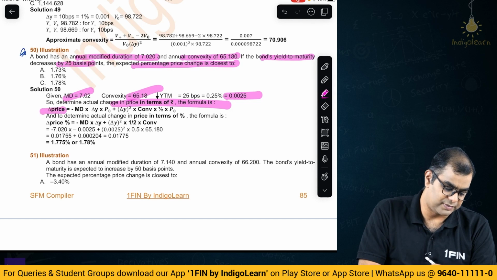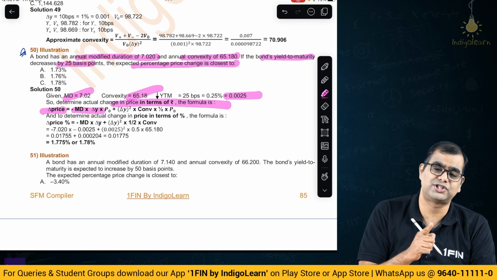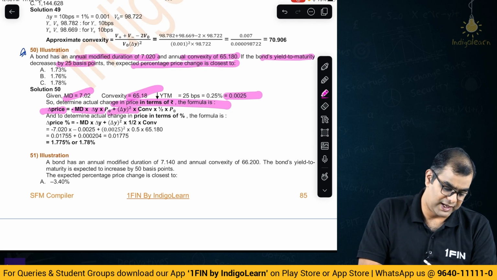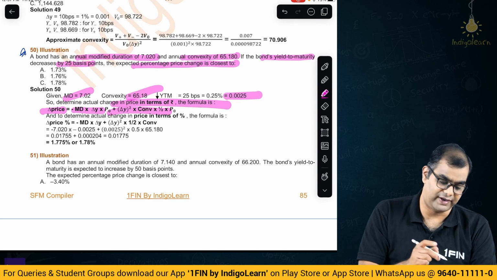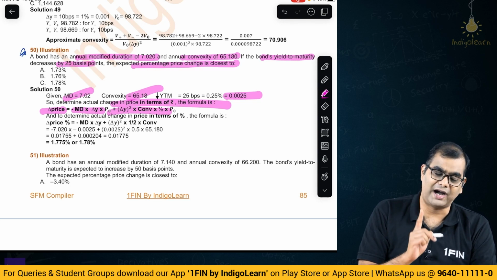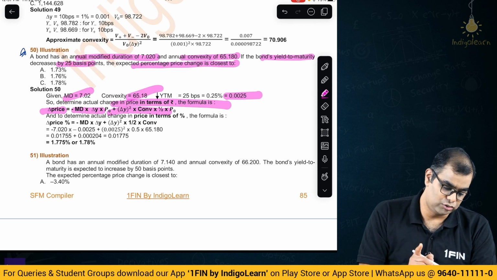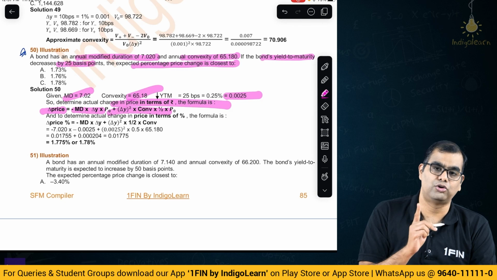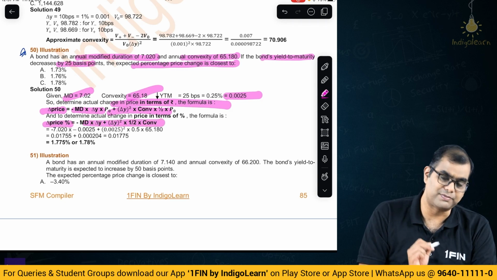Change in price is minus modified duration into change in yield into price, plus for the convexity, convexity also you have to account for. Convexity value they have given as 65.18, into half into price into change in yield whole square. So, percentage change in price, you fill up this particular formula.